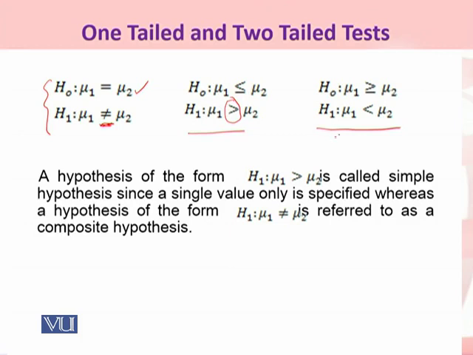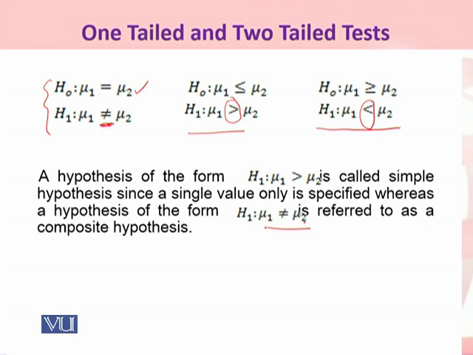Similarly, अगर हम लास्ट पेयर ऑफ हाइपोथेसिस की बात करें तो यहाँ पे भी we are given the less than sign under H1. सो ये भी हमें डायरेक्शन दे रहा है कि आपकी प्रोबेबिलिटी ऑफ रिजेक्शन लेफ्ट साइड पे है. So I hope a hypothesis of the form greater than sign or less than sign is called a simple hypothesis, whereas a hypothesis of the not equal to form, which is this one, is referred to as a composite hypothesis.